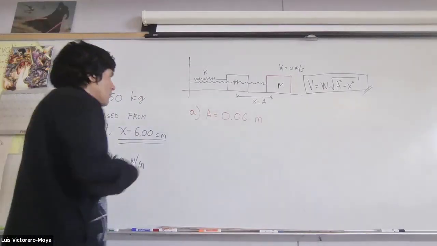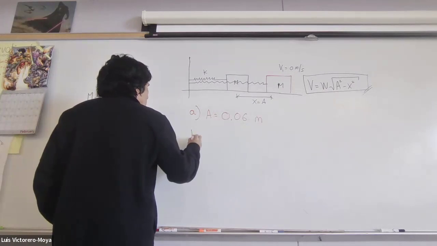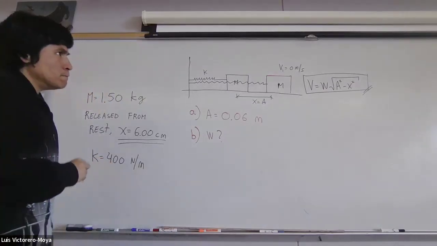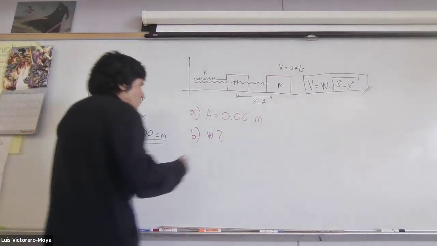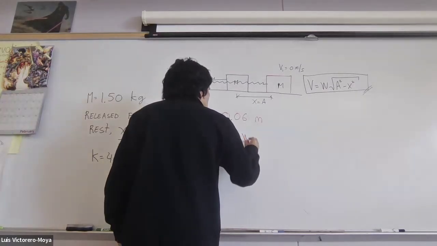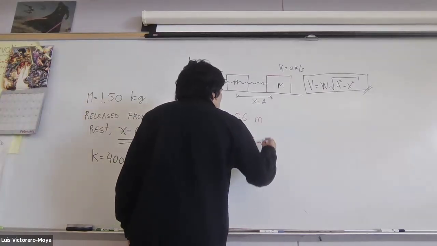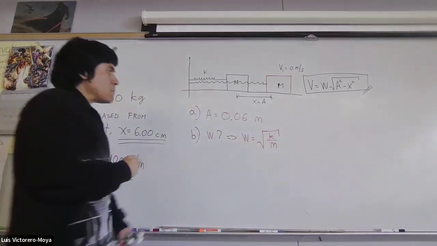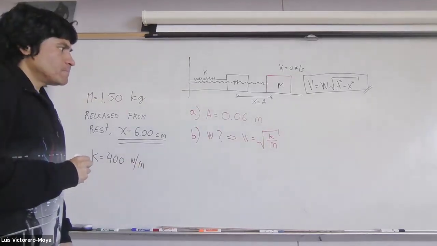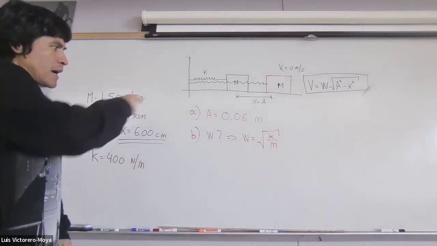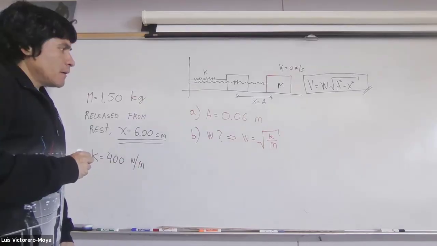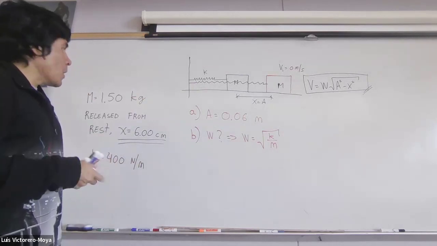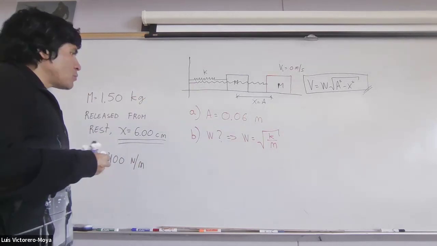What's the angular frequency? So B, they ask you for W. You have to use the equation: W is equal to the square root of k over m. Very important equation. That's kind of what I just showed you, right? So k is 400, and this is 1.50.